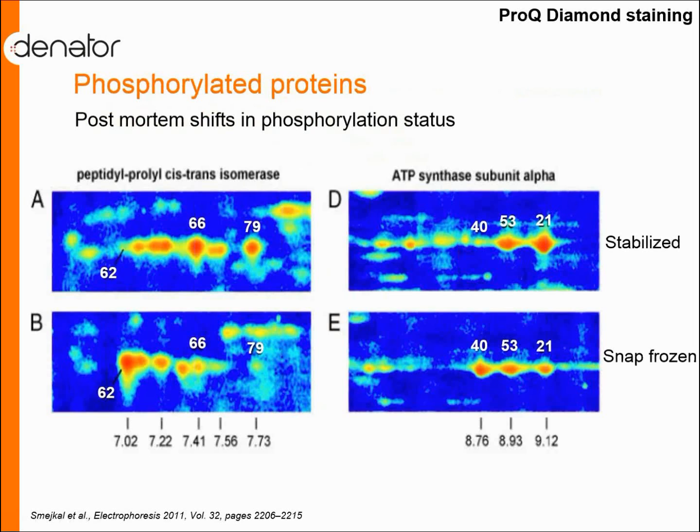And the explanation for this is that we have a much higher phosphorylation grade. So the 62 has a higher phosphorylation compared to the 79, and the 40 versus the 21. So this is presumably an example of hyperphosphorylation that happens during the extraction.